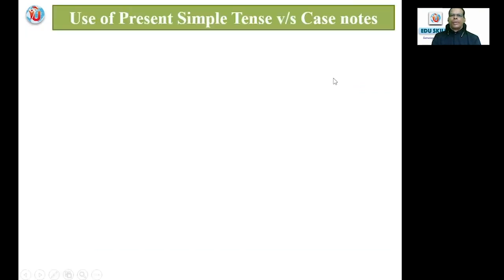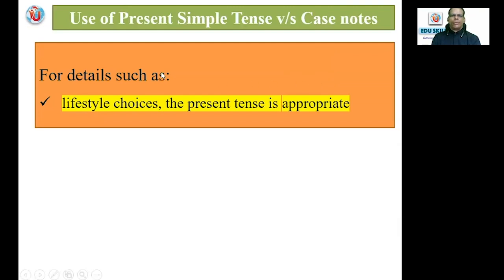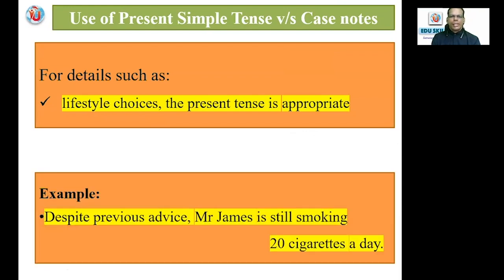And use of the simple present versus the case notes: for details such as lifestyle choices, the present tense is appropriate. Where do you use the present simple tense in the case note? Lifestyle choices. When you speak about lifestyle choices, you have to use the present simple tense. For example, despite previous advice, Mr. James is still smoking 20 cigarettes a day.